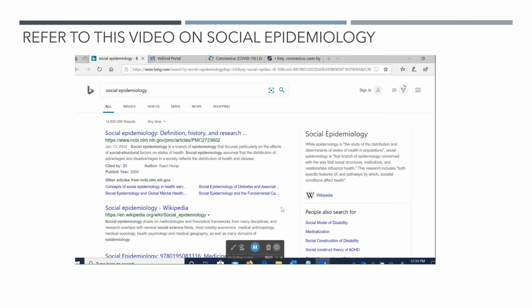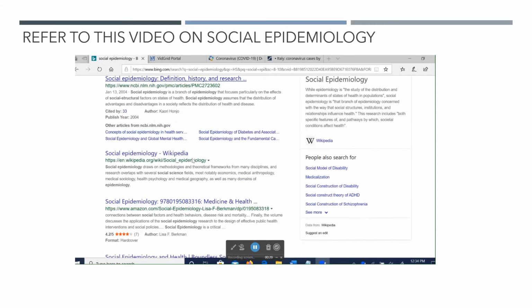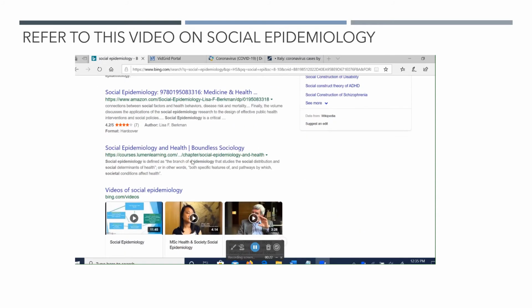Okay, just Google social epidemiology and you will see that it's a subfield in epidemiology that emphasizes the social structural factors and the state of health. Or you can scroll down and that's another definition for social epidemiology.